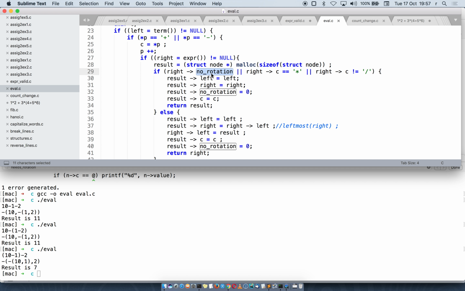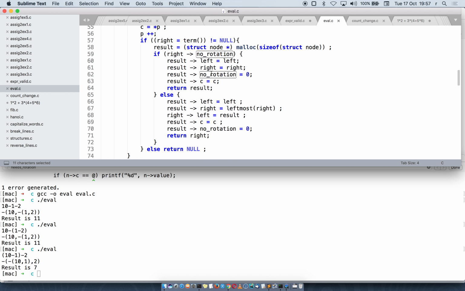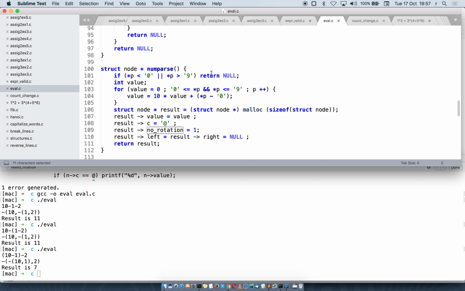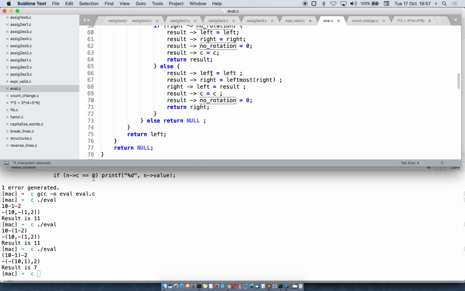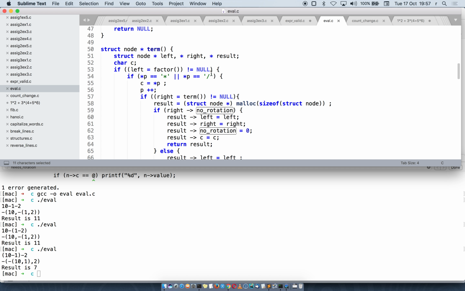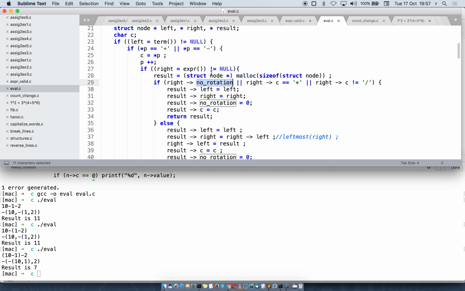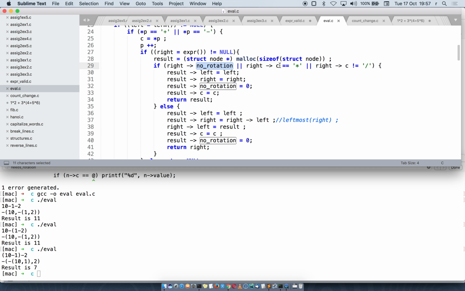I should have no rotation because we're sending 1 from num_parse, right? Yes. So we have no rotation. Write.c should be minus, so this is false. If write no rotation, if this is true, right?